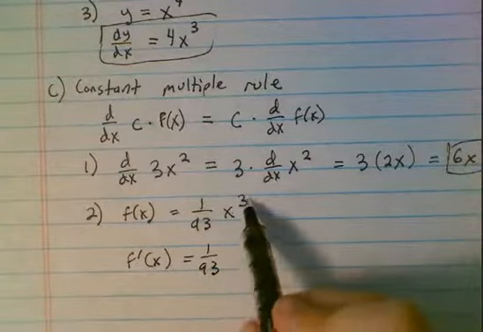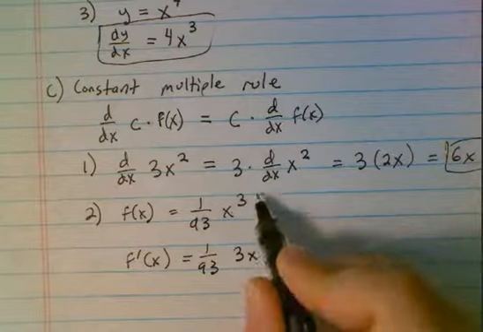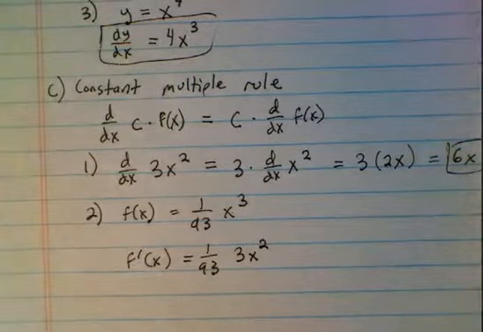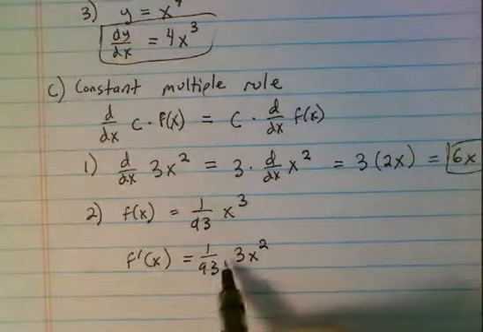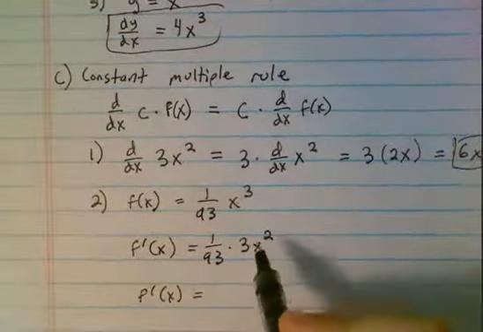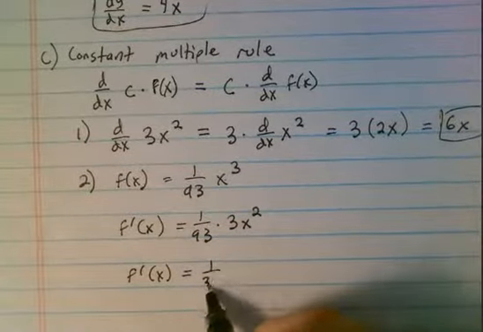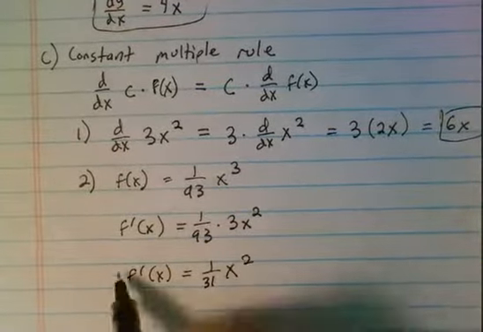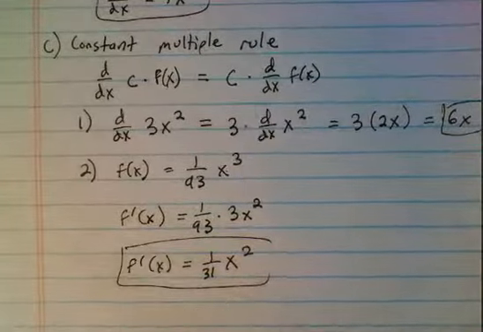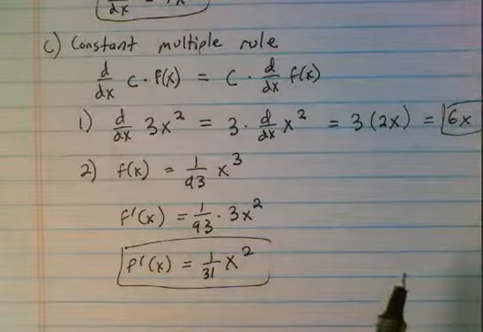What we're going to do is we're going to take the derivative here, bring down the 3, subtract 1 from the exponent, and there we go. Now we'll just multiply here. And that'll cancel to be 1 over 31 x squared. Any number in front, just along for the ride.